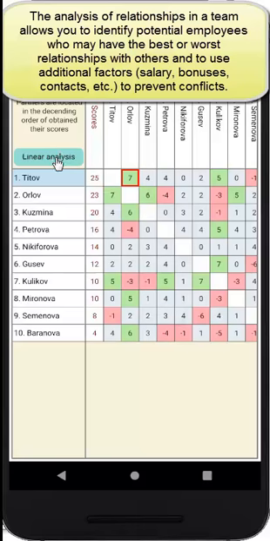The analysis of relationships in a team allows you to identify potential employees who may have the best or worst relationships with others, and to use additional factors, salary, bonuses, contacts, etc., to prevent conflicts.